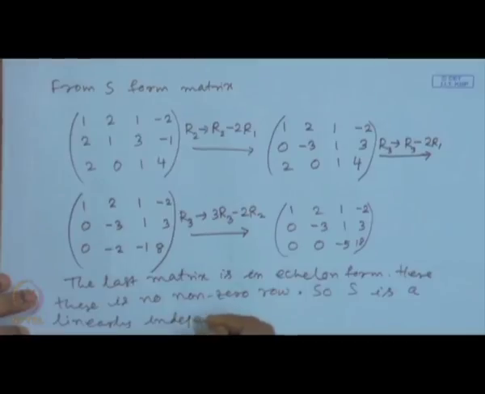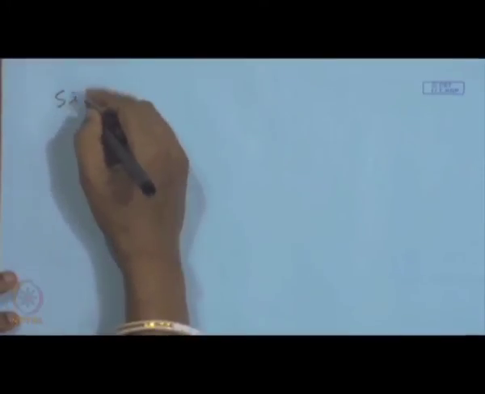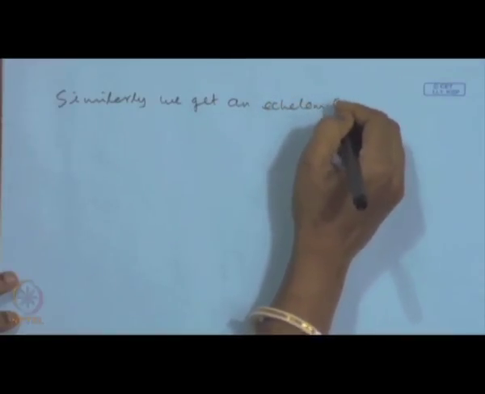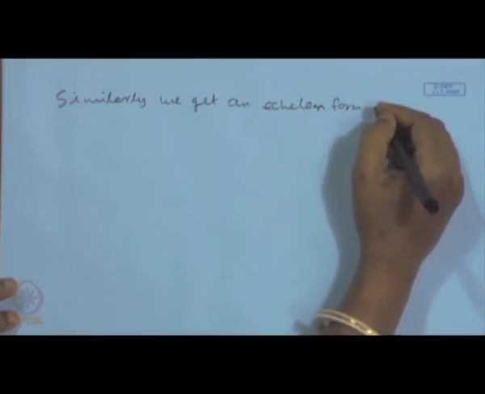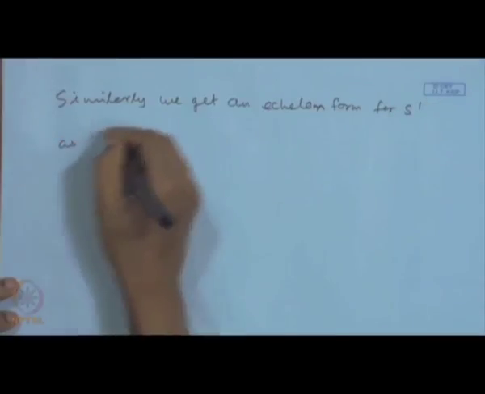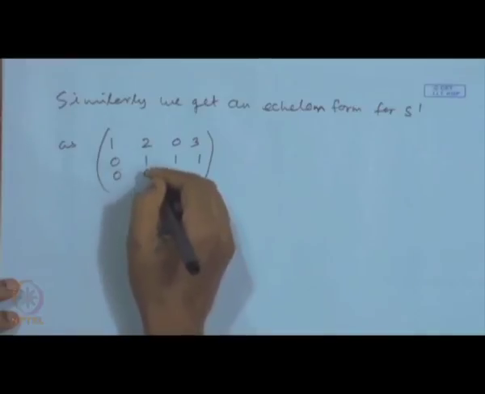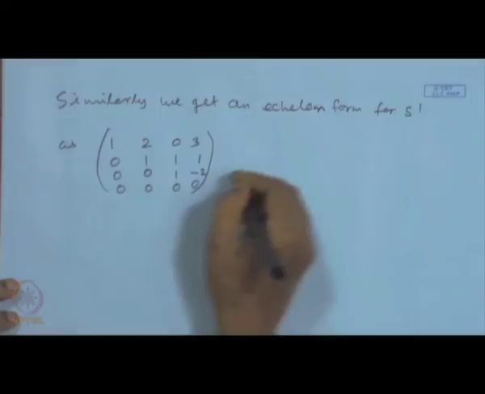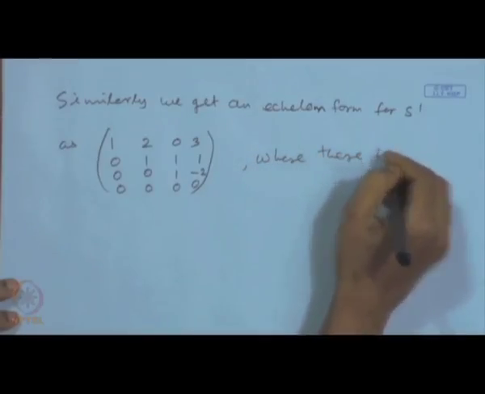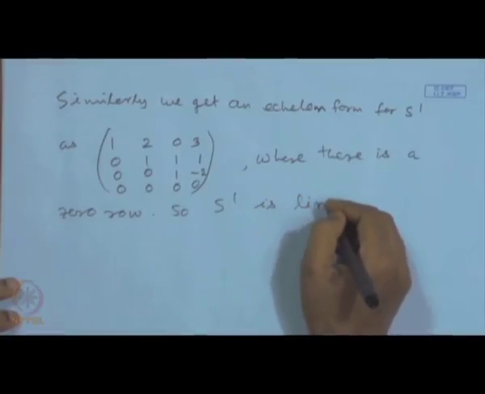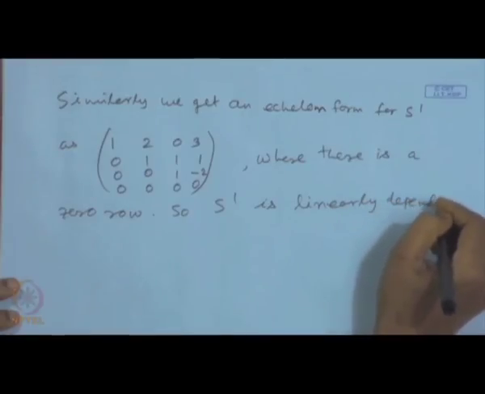Similarly, one can get the echelon form of S prime like this: (1, 2, 0, 3), (0, 1, 1, 1), (0, 0, 1, -2), (0, 0, 0, 0), where there is a 0 row. So, S prime is a linearly dependent set.